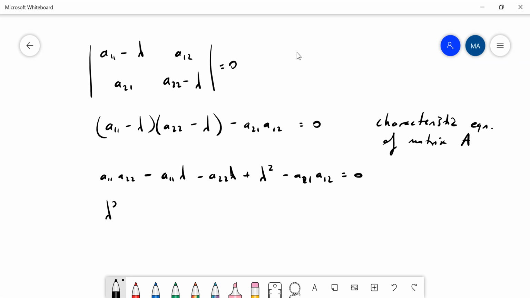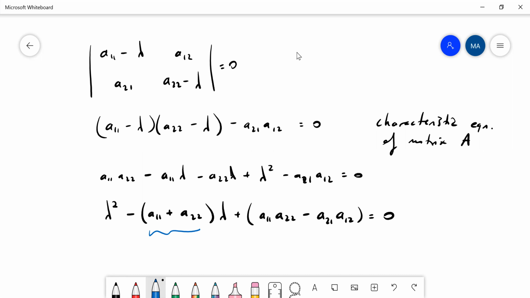So then you have lambda square minus (A11 plus A22) lambda plus A11 A22 minus A21 A12. If you look at this carefully, this is the trace of A, and this is the determinant of A, right? Now, in what follows, we're gonna call this P, and we're gonna call this Q.